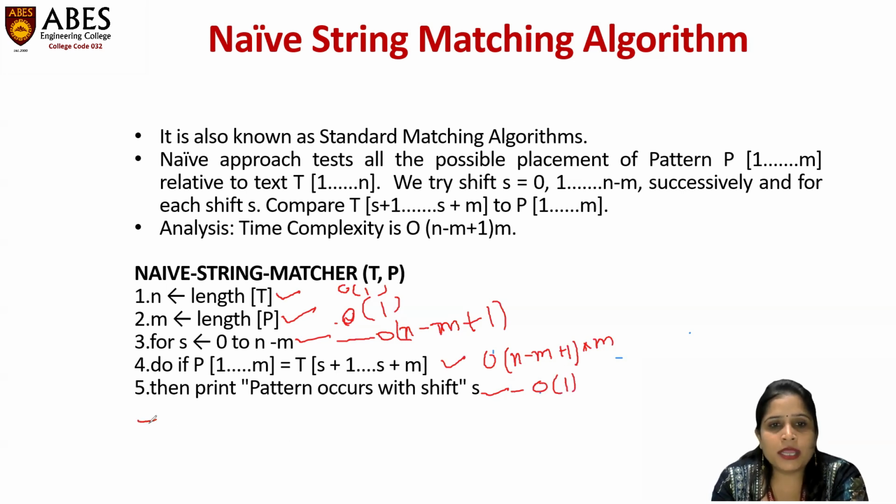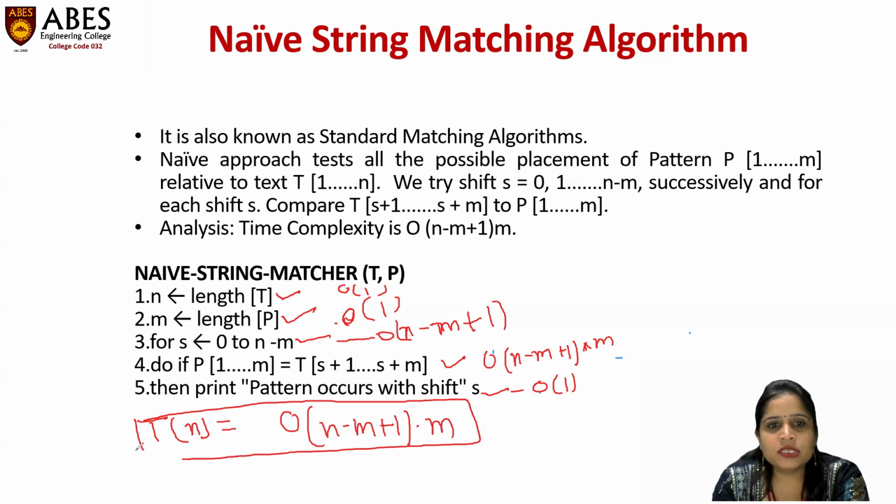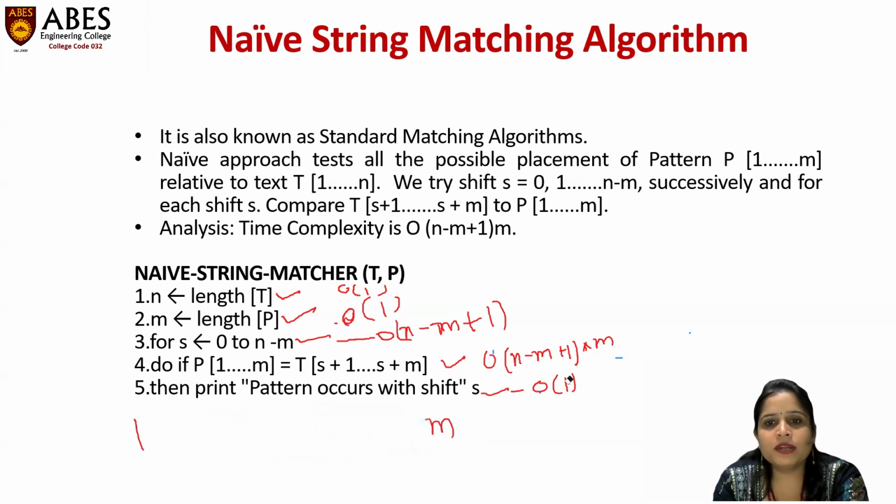So if I want to calculate the time complexity of naive string matching algorithm, it will take order of n minus m plus 1 into m time for the executions. So this is the time complexity of string matching algorithm. I hope you all understand the analysis of the naive string matching algorithm.